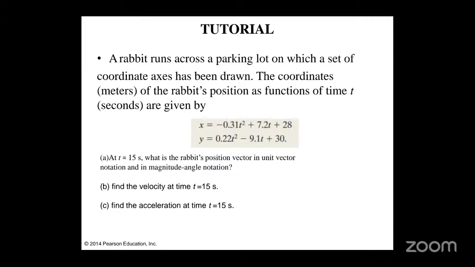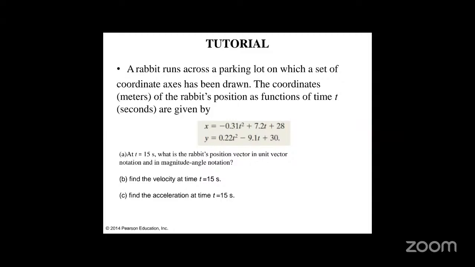So now, our X, which is a position vector, we have minus 0.31 t squared.